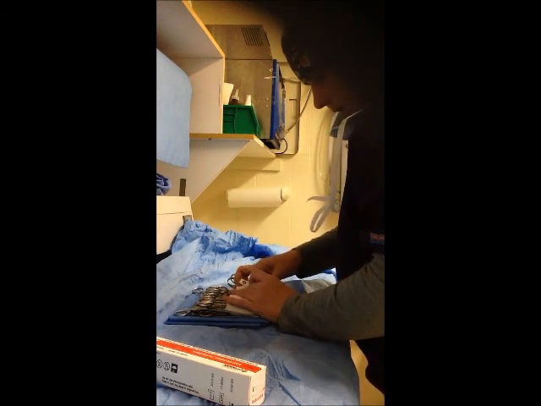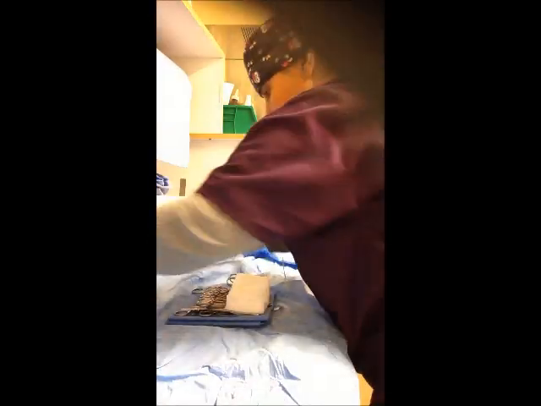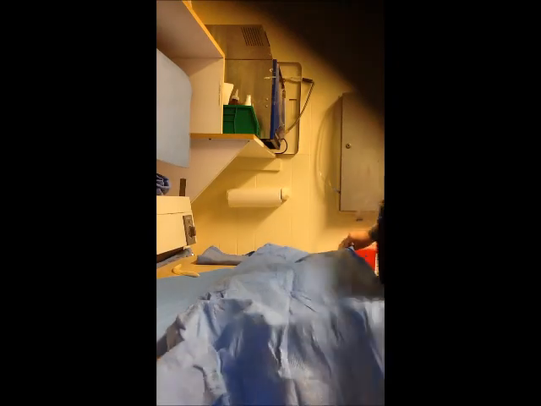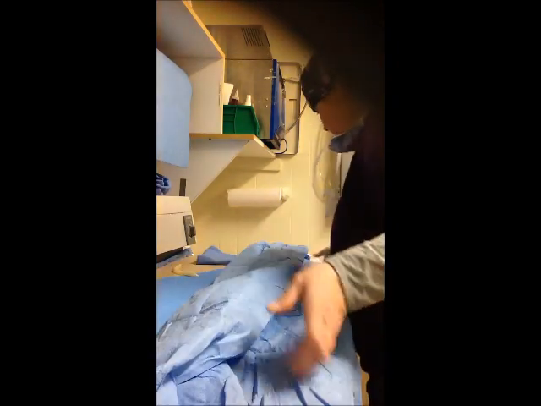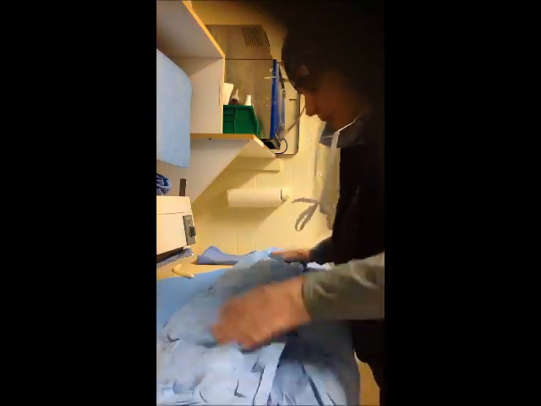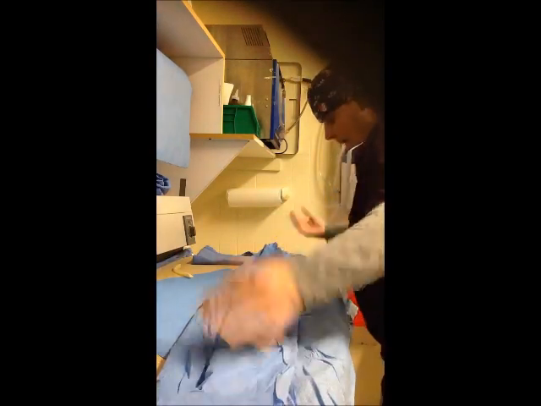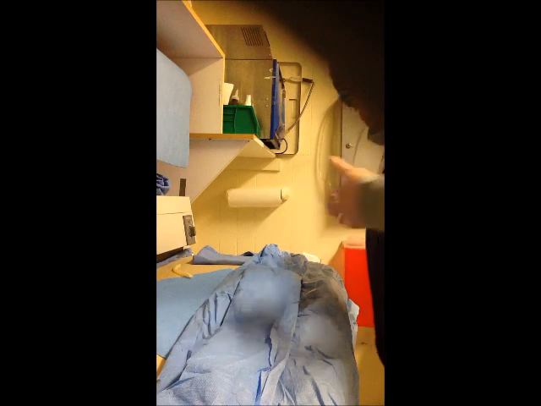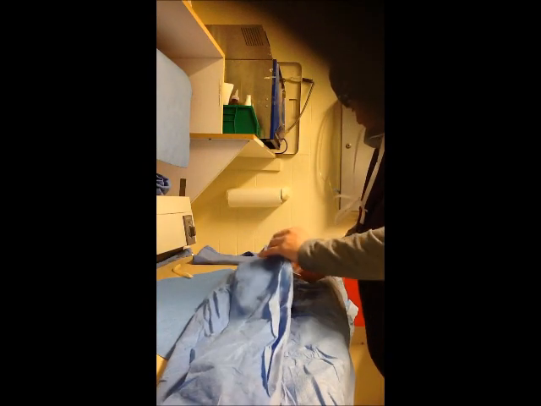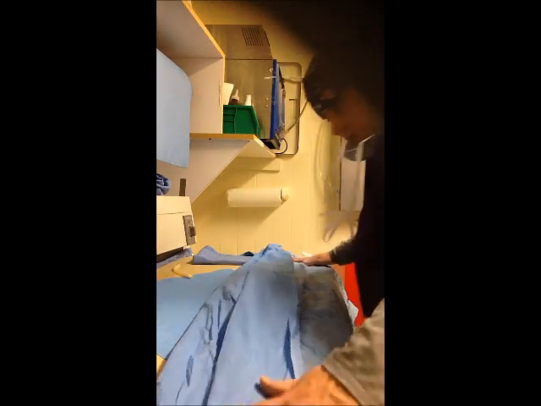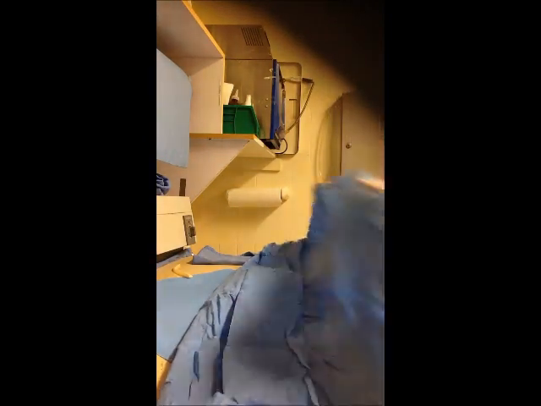So I will put this in here. I'm going to start to fold it top down. And the reason I fold it top down first is because when the doctor opens the pack, he's going to open it bottom down, and he needs to open it to him first so that his gown does not touch the table that it is on and has protection.